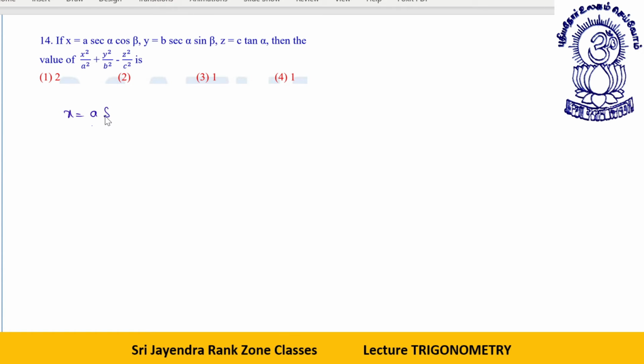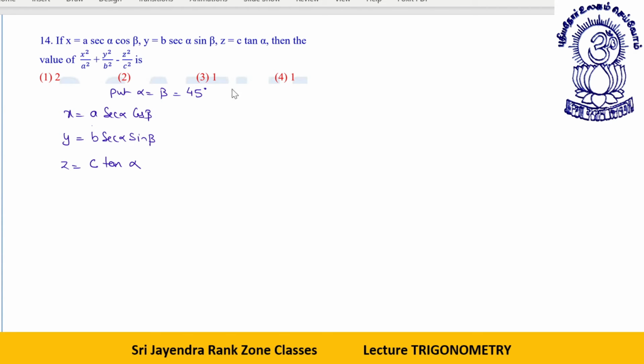X is equal to A secant alpha cos beta. Y is equal to B secant alpha sin beta. Z is equal to C into tan alpha. What I say, I'll directly say put alpha is equal to beta is equal to 45 degree.